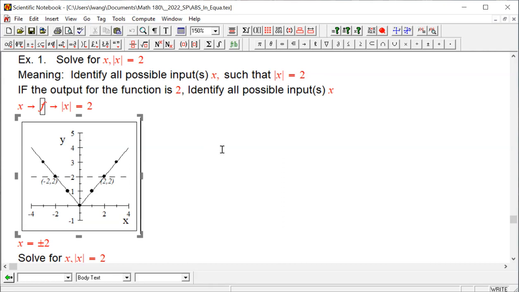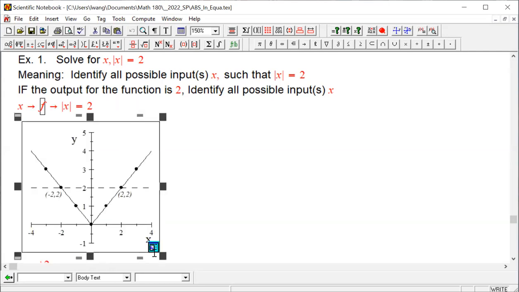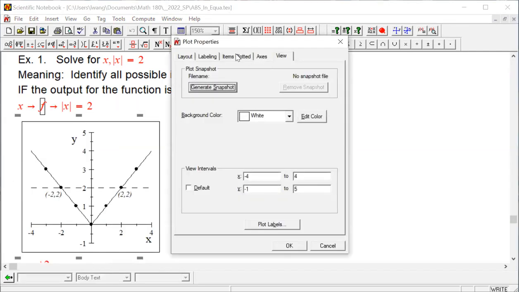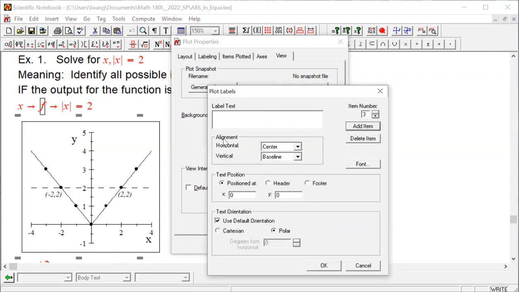Knowing the output, we draw the line we're drawing here. The line we're drawing here is y equals 2. Why do we say y equals 2? Because typically we say x is the input and y is the output.